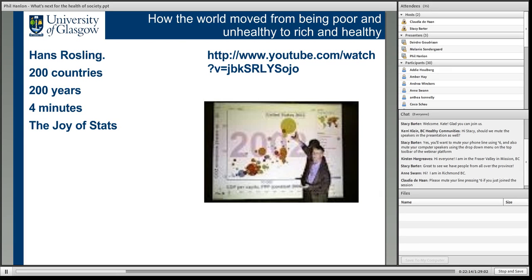He takes 200 countries over 200 years and in 4 minutes charts how they moved from being basically poor and unhealthy to become, many of them, rich and healthy. The United Kingdom and Canada have been part of that process, and more recently countries like Brazil and China have been moving rapidly in the same trajectory. Of course that gives rise to certain inequalities and other problems which he doesn't go into.